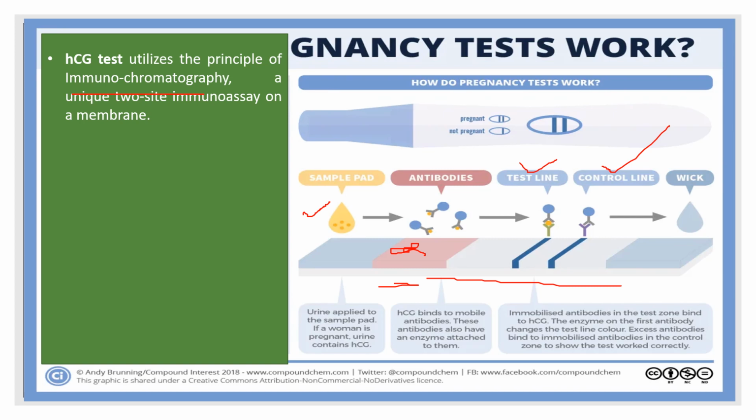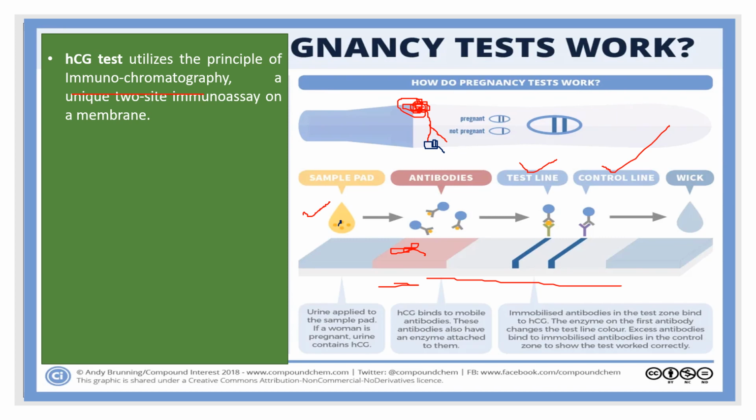So this is your antibody, and this blue rounded area is the enzyme attached to it. If HCG is present in the urine, this HCG will combine with the anti-HCG. So there will be a combination between HCG, anti-HCG and the enzyme, and this part is mobile.